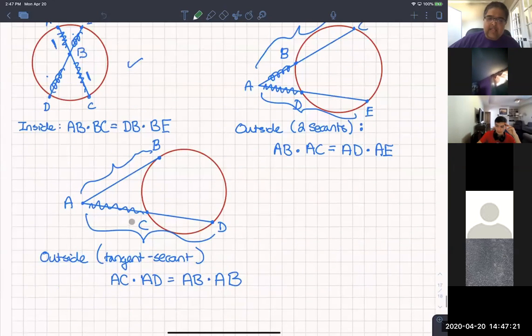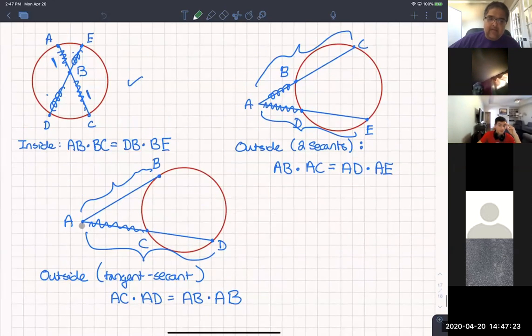Okay, the last relationship is when we have a tangent, and I know it's a tangent because it only intersects the circle at one point, intersecting with a secant, both on the outside. Okay, they're intersecting on the outside.